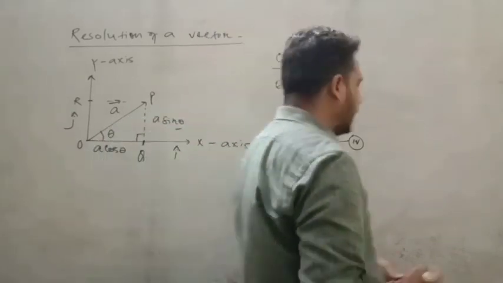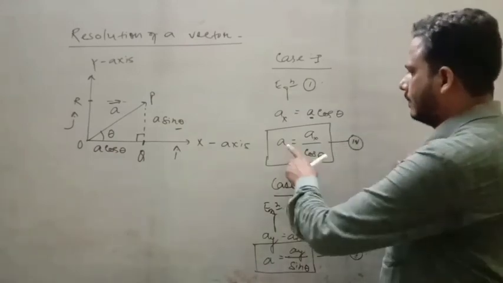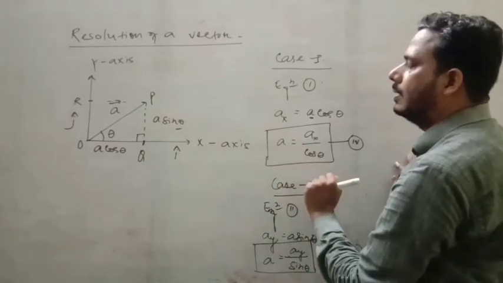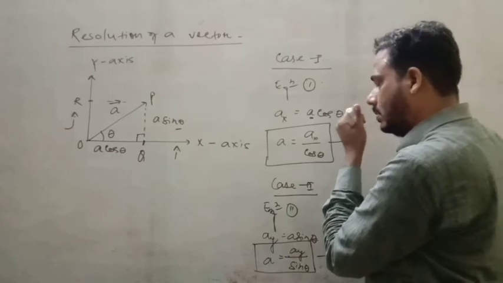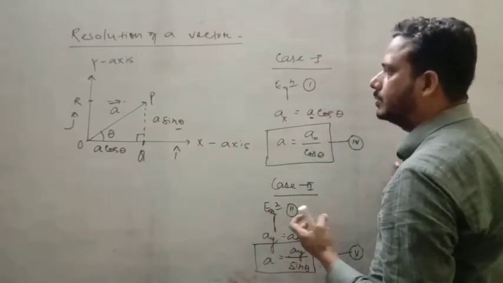Okay, that means what? If you want to find vector A and you have the magnitude of its component and angle, how can you?